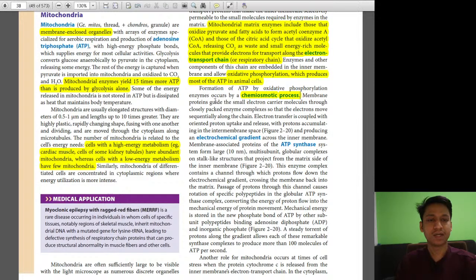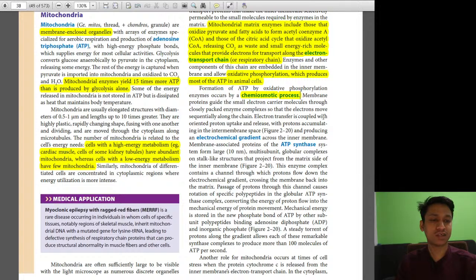All right. Membrane proteins guide the small electron carrier molecule through closely packed enzyme complexes so that the electron moves sequentially along the chain. So these membrane proteins guide the electron, and the electron moves through the electron transport chain that is throughout the membrane.